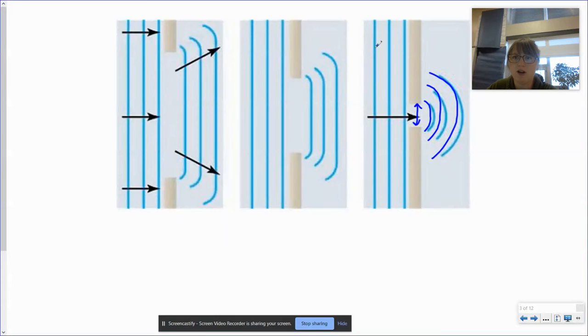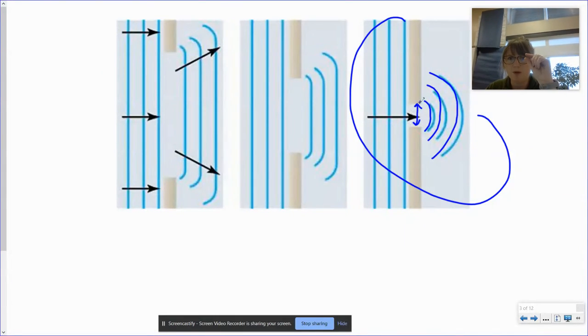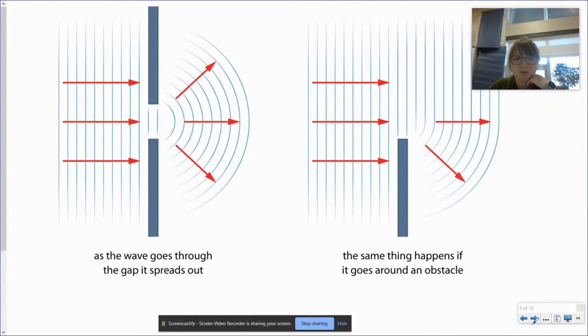So we're going to be focusing on this sort of picture, where we have a small opening so that we get a nice curved wavefront pattern rather than this curve and straight pattern. And here's another couple of images, waves spreading out as they go through an opening and around an obstacle.